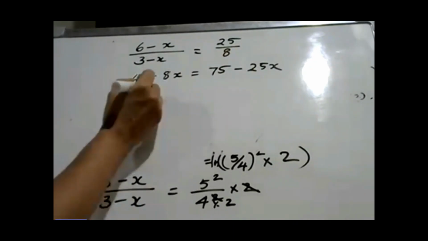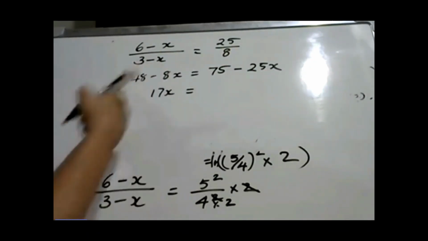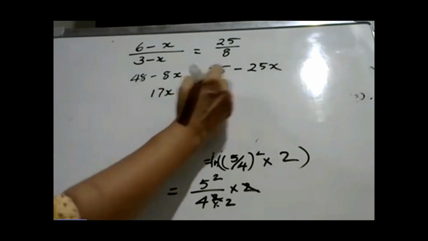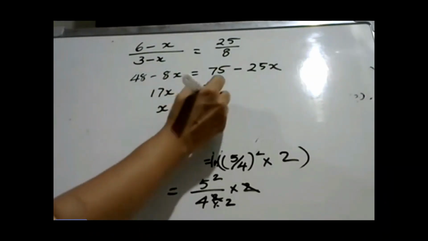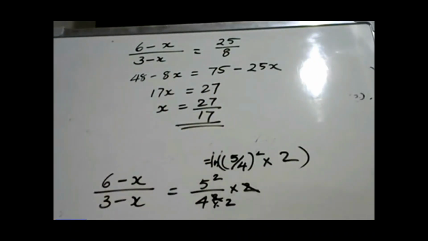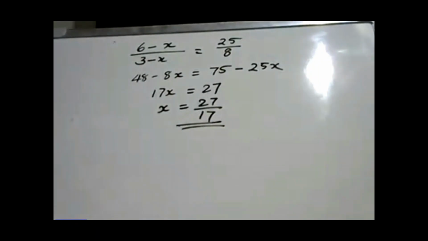So when I take this, 25 minus 8, which is 17x, is equal to 75 minus 48, which is 27, so x is equal to 27 over 17. So we reached the answer. This is what we were asked to find.